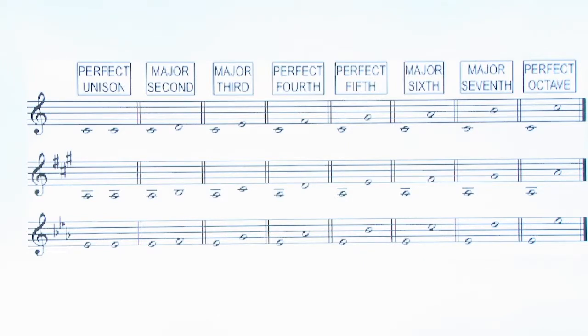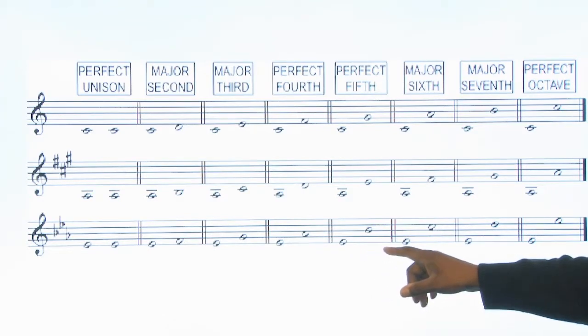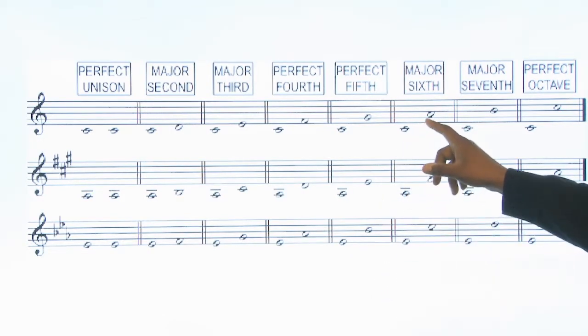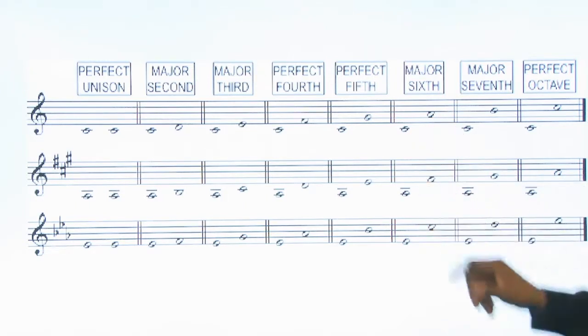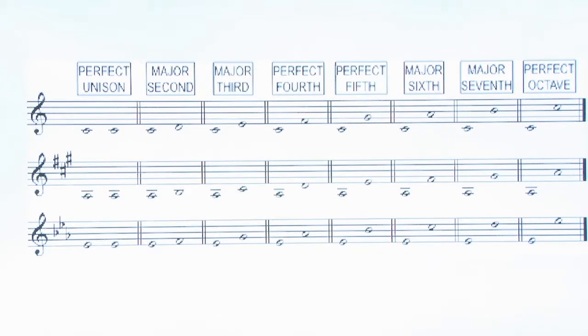Okay? All right. So again, we have the same setup as the C scale and the A scale. All right? E flat, major second. E flat, G, major third. E flat, A flat, perfect fourth.